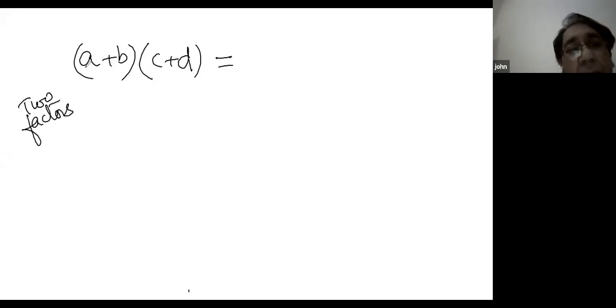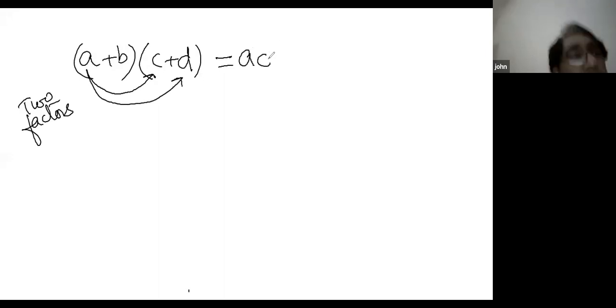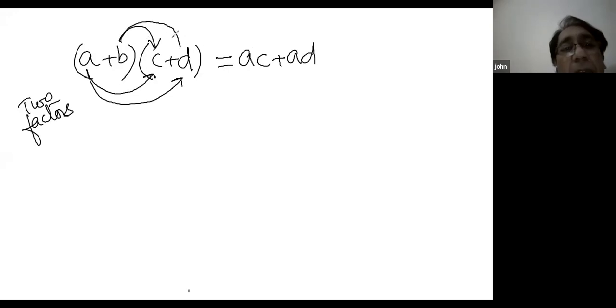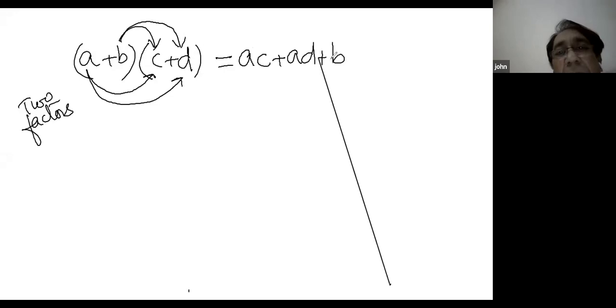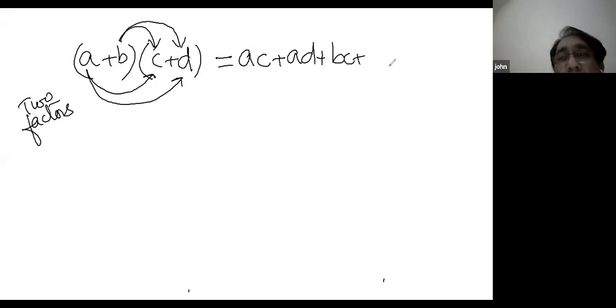After getting the product, first we multiply A with C, and then A with D. We get AC plus AD. Similarly, now B with C and B with D. We write it BC plus BD.